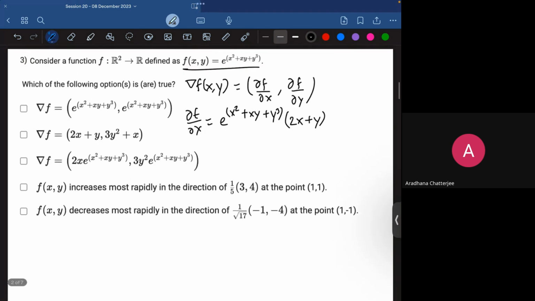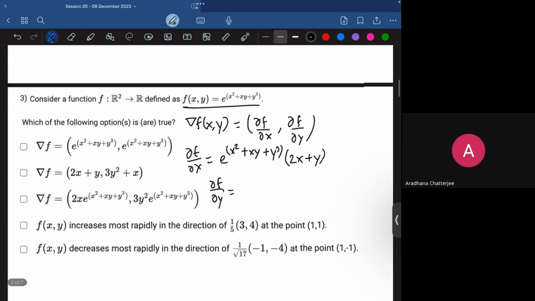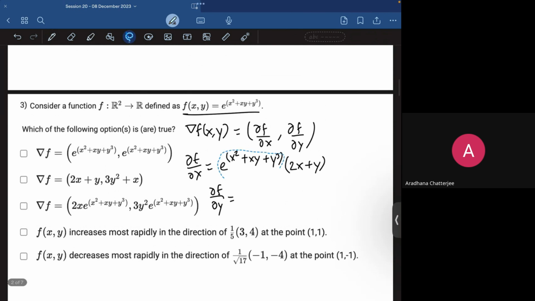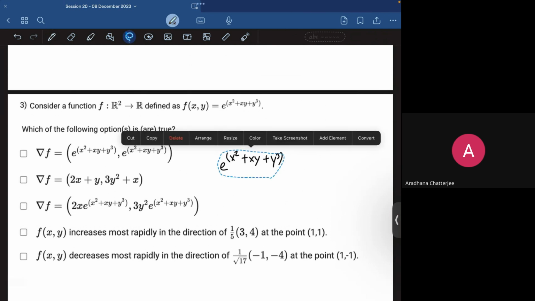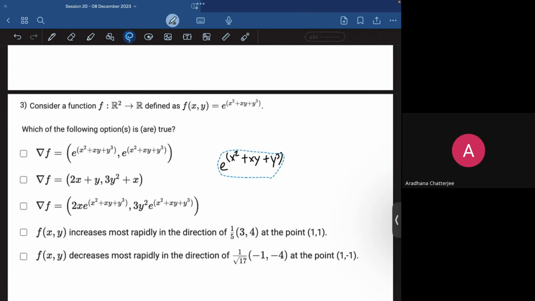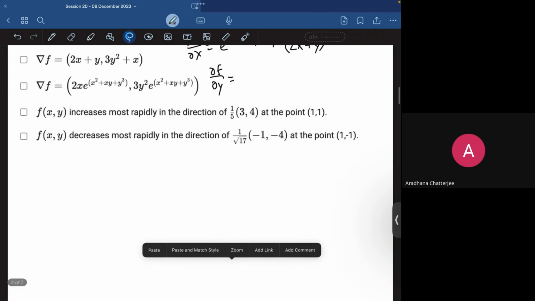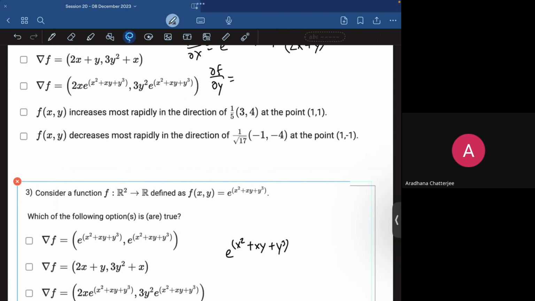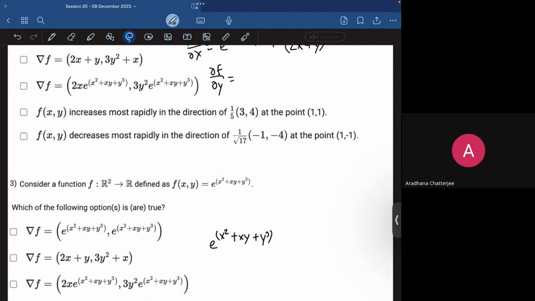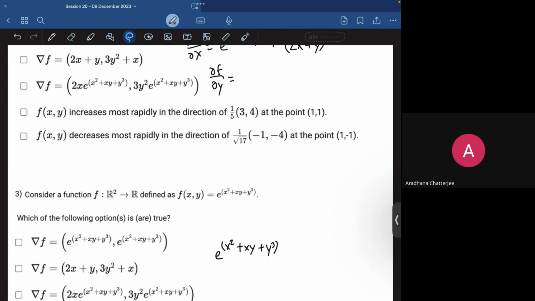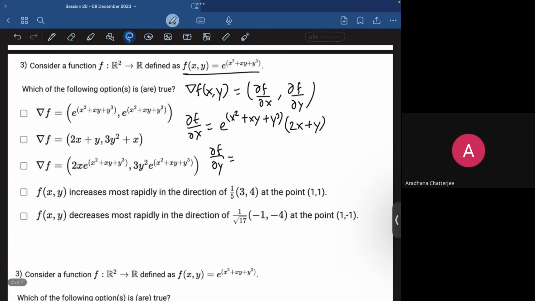And now let's calculate partial of f with respect to y. So this first part is going to stay the same, so I'll just write it.